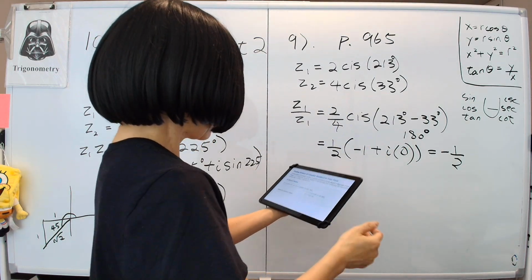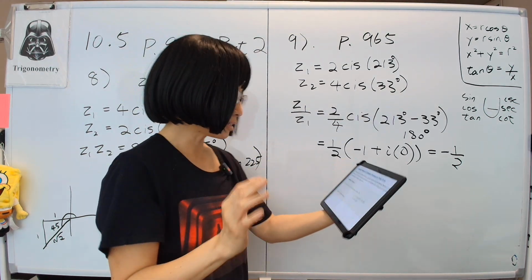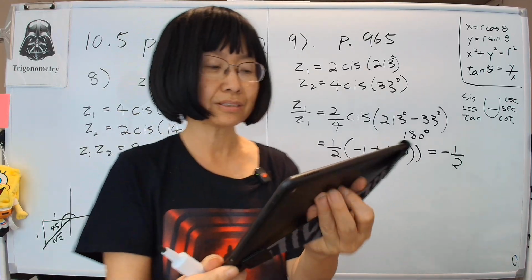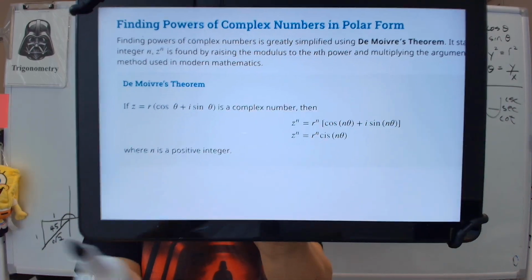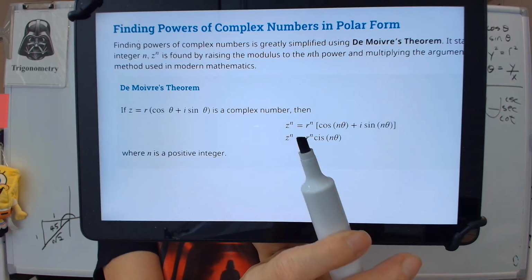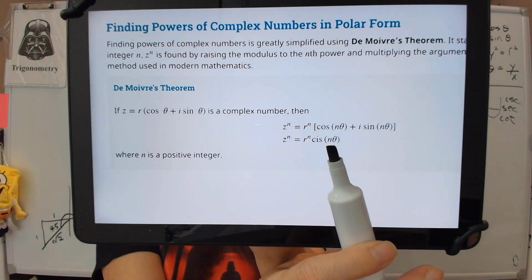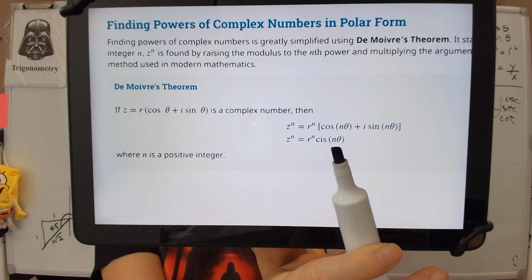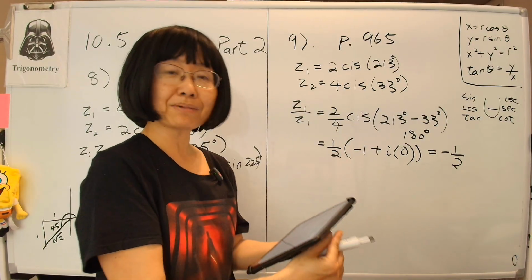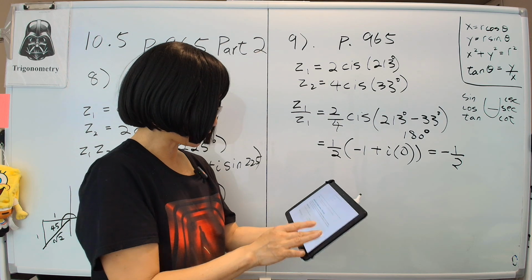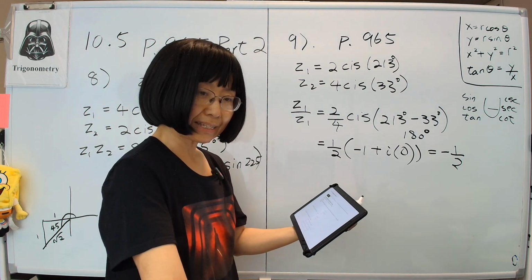Anyway, De Moivre's theorem says that to raise a complex number to some power n, you raise the r to the power n, and then you multiply the angle by n, and that's it. That is the formula. Keep that in mind for a bit, and we will try it in the next example, example 10. Let me write it down.